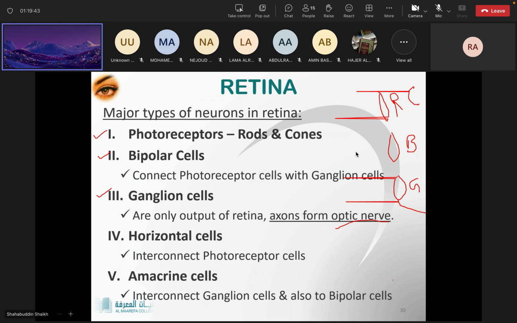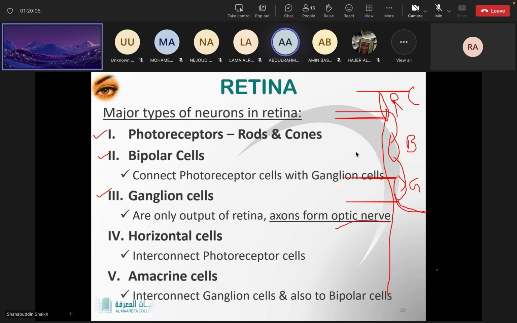So light comes from outside and will stimulate the receptor. Action potential generated will go to bipolar cell. Action potential generated will go to ganglion cell and that will be carried as optic pathway or optic nerve towards the brain. Am I clear till this part?